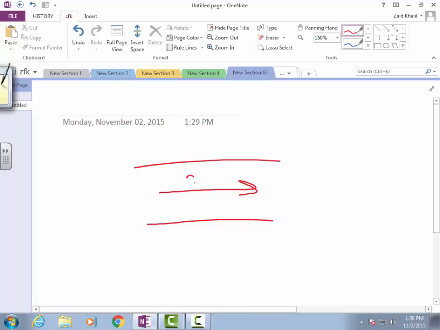So let's suppose that the river is moving east at 10 meters per second. And you can row north at 3.